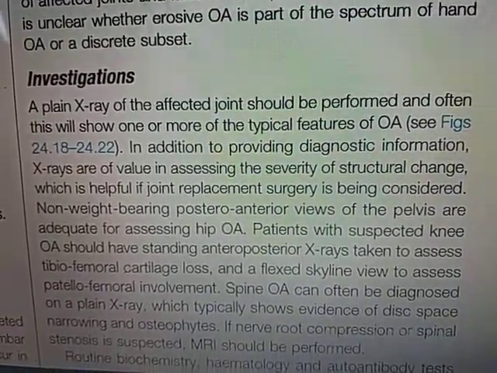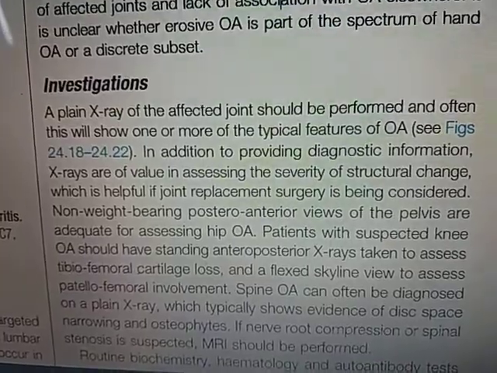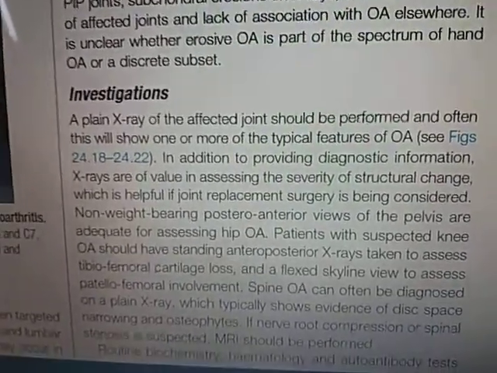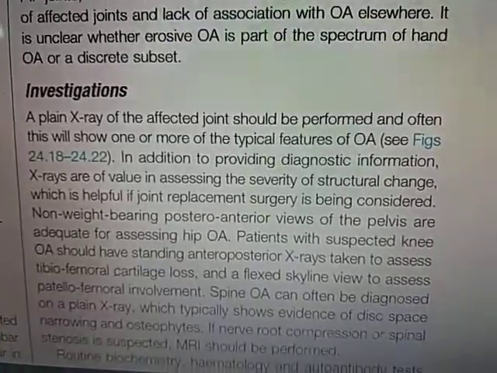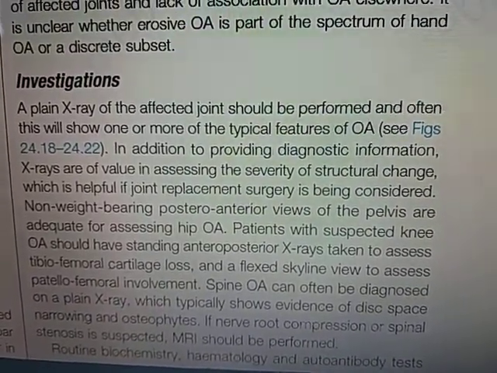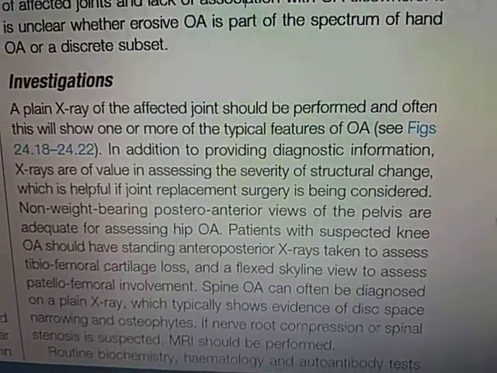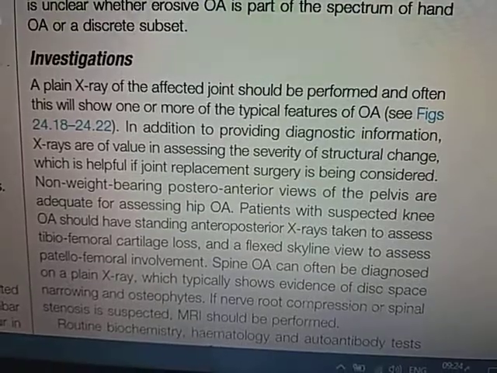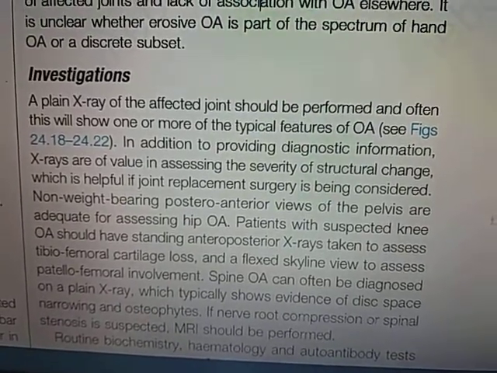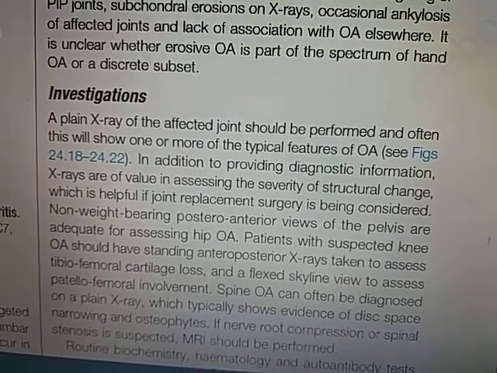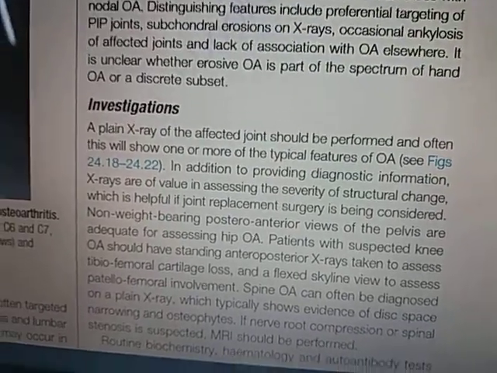There might be a neurological pressure effect on the nerve roots, and in advanced cases there might be spinal canal stenosis.